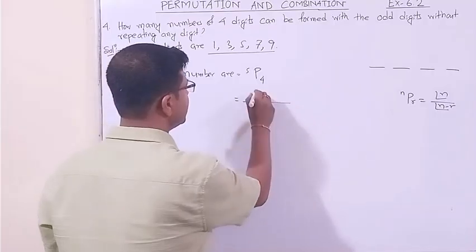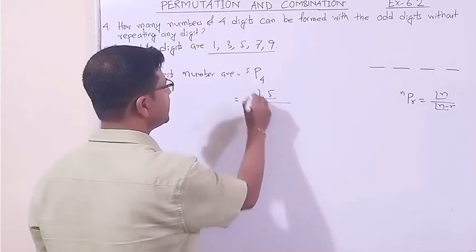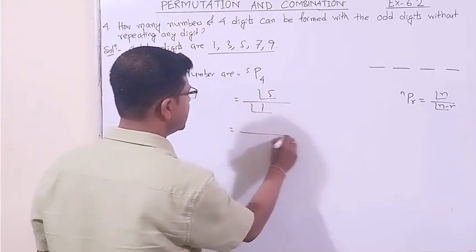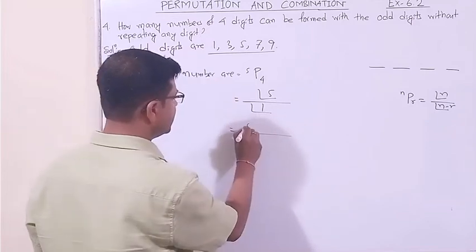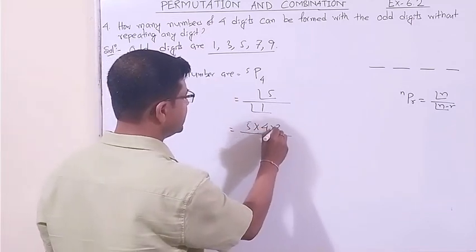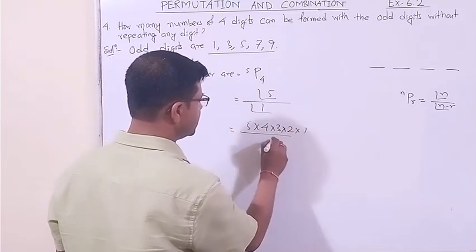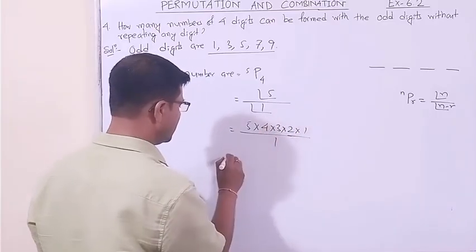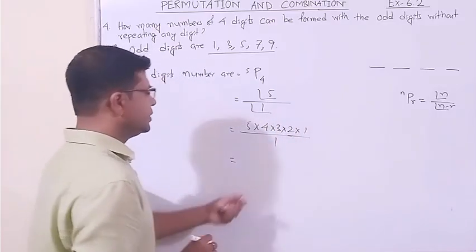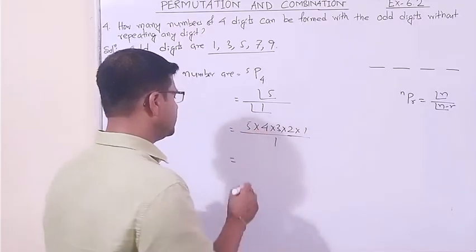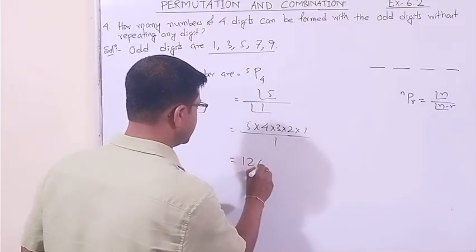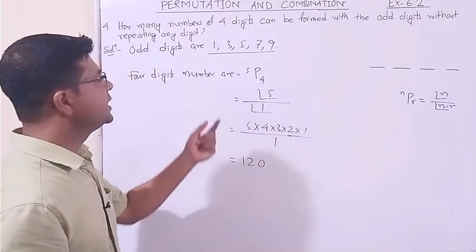So this is factorial 5 divided by factorial 5 minus 4, which is 1. Let us expand it. 5 into 4 into 3 into 2 into 1, divided by 1. 1 will get cancelled, or if we do not cancel, no matter. So this is 3 sixes are 18... 6 and 12, 20, 120. So there are 120 such numbers.